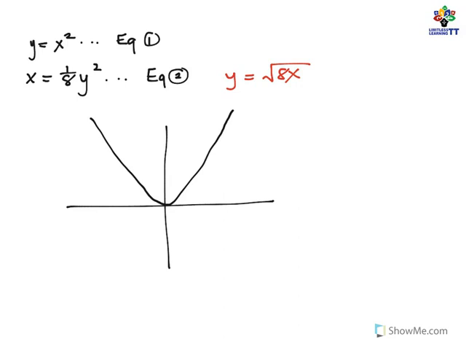And then your graph, x is equal to 1/8 times y squared, actually looks a little bit like this. Right? So, again, this is a picture of it if you knew how the graph is going to look.